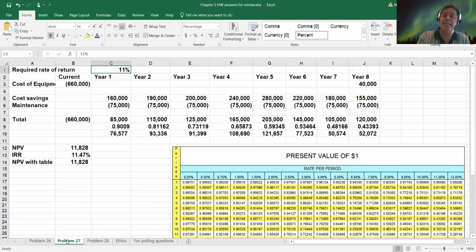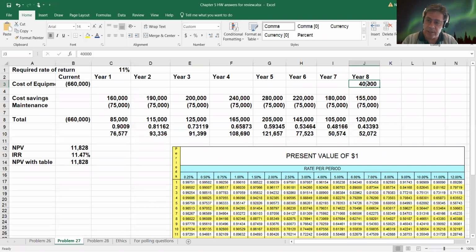But again, I did it in the tables as well, just to show that it works no matter the example. Again, our situation is our cost of equipment is 660, no new working capital, and that equipment will be sold at the end of year 8 for 40,000. So this is an 8-year.